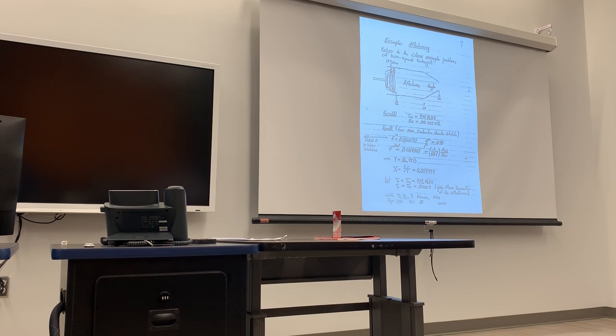Here's our actual fuel-air ratio for the main burner, corrected for the burner efficiency. It came by dividing F ideal, which was this number right here, calculated using Y, by 0.98.